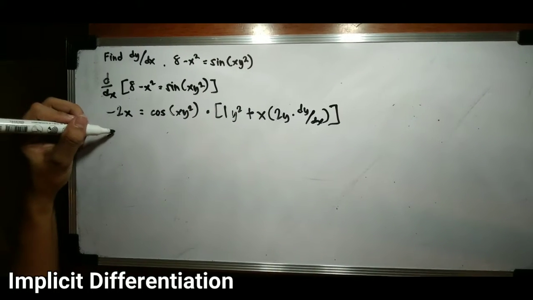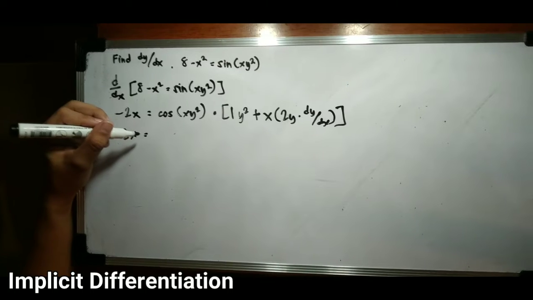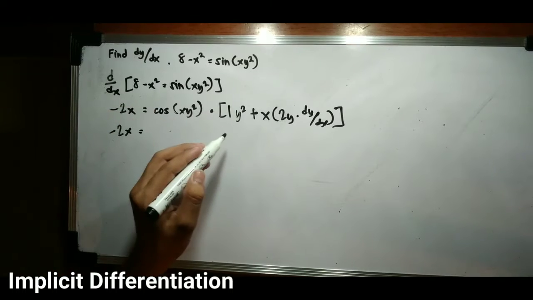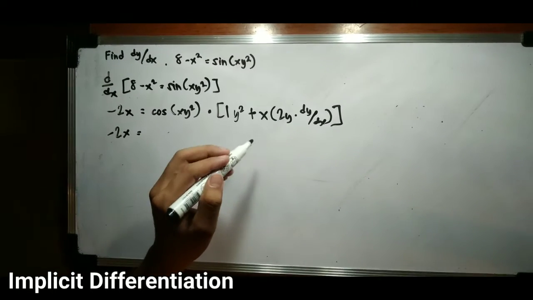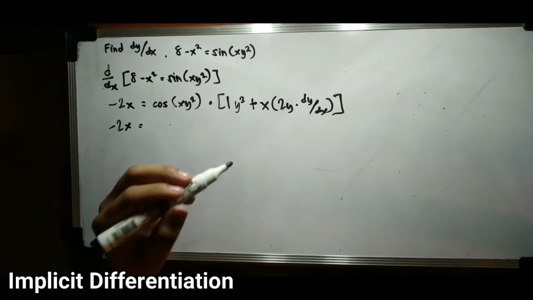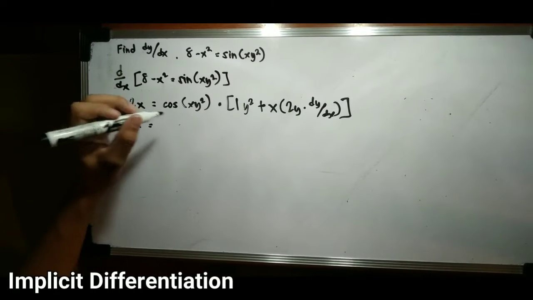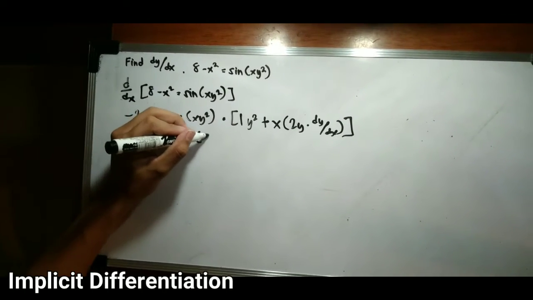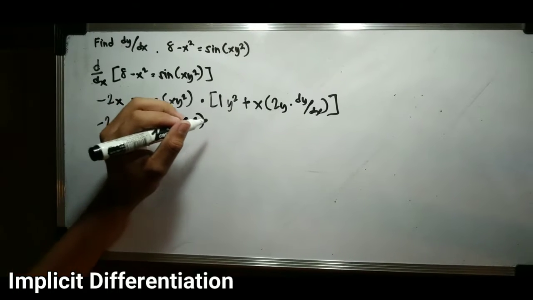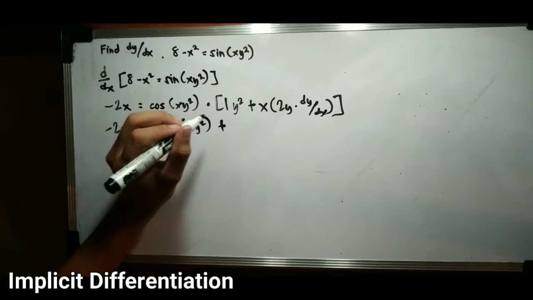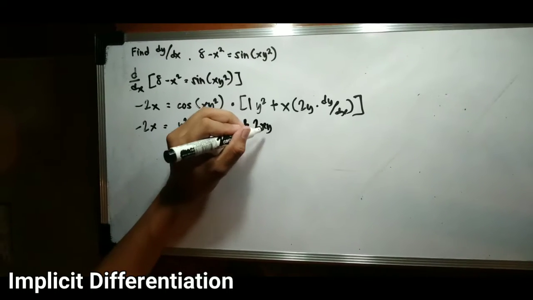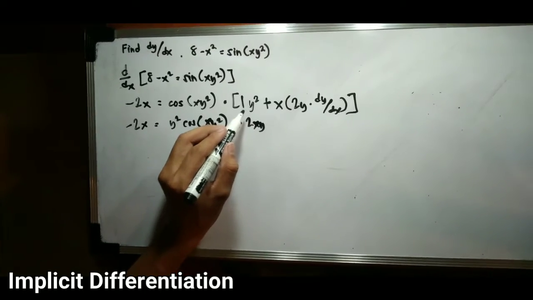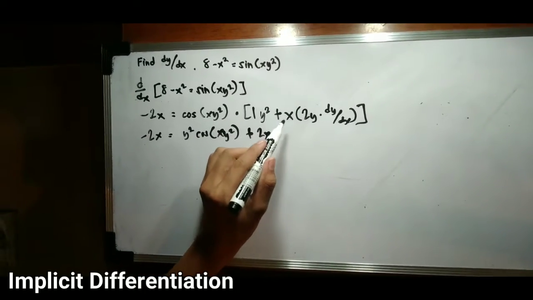So now copy this negative 2x. We will now distribute cosine xy squared to 1 times y squared and x times 2y times dy over dx. So we will get y squared cosine xy squared plus 2xy, which is the product of 2y and x.